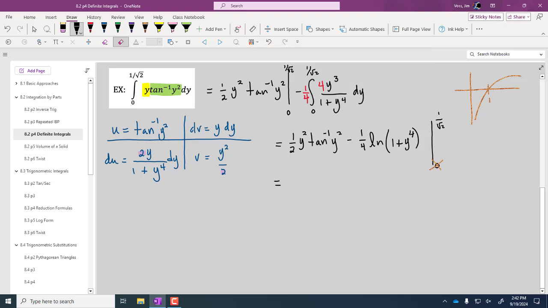So let's go with it. Out here, we're going to have 1/2. When that's plugged in for y, we square it. We're going to get a 1/2 multiplied by arctan of 1/2 minus 1/4 natural log of 1 plus 1/4.